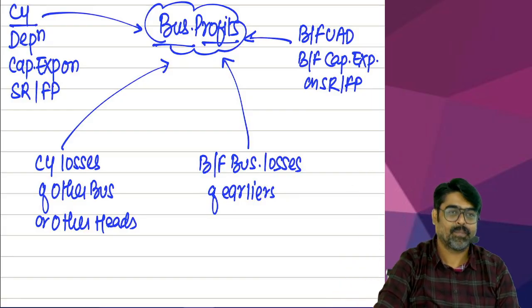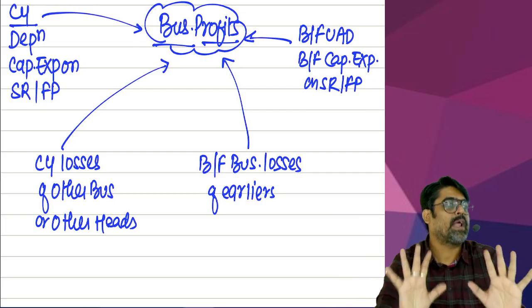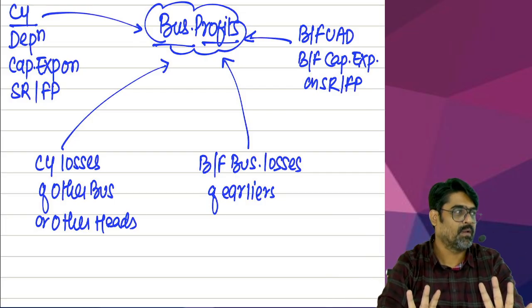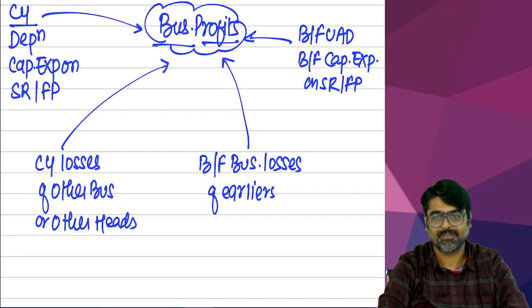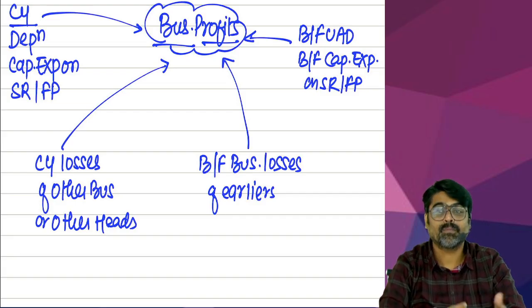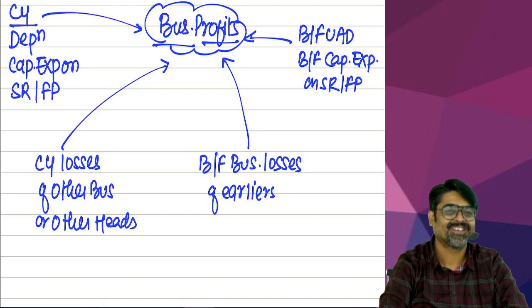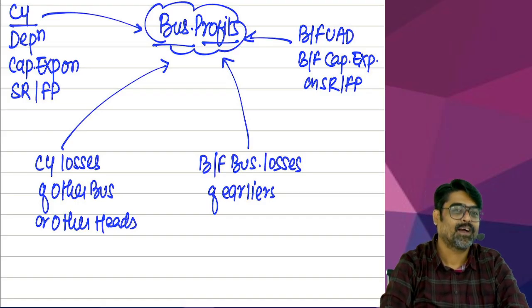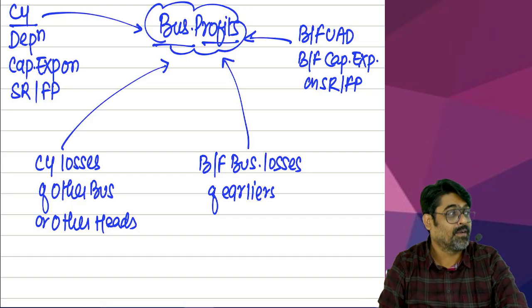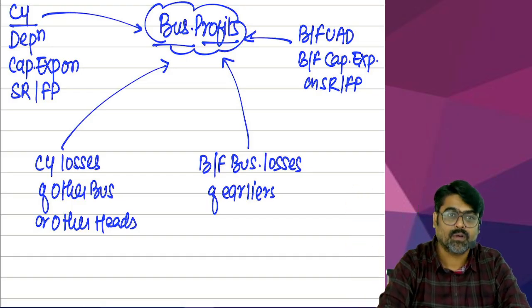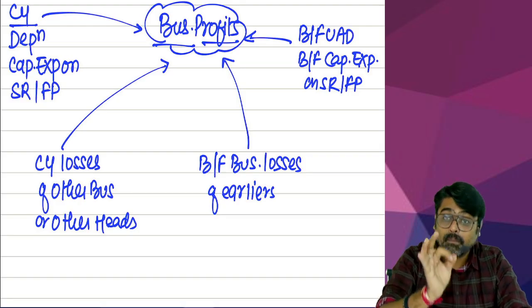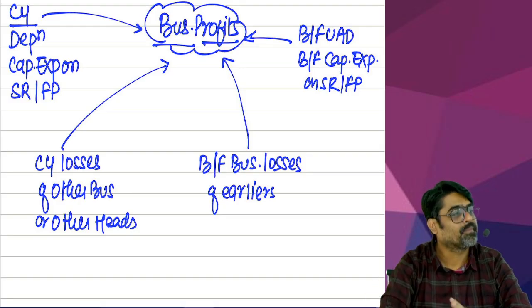Because if you have 10 people to whom you can give the same medicine and they can be cured, to whom that medicine will be given first? Who is more critical? So what priority? Which thing you will adjust first out of this? Profits. Yes or no? In the most beneficial manner.